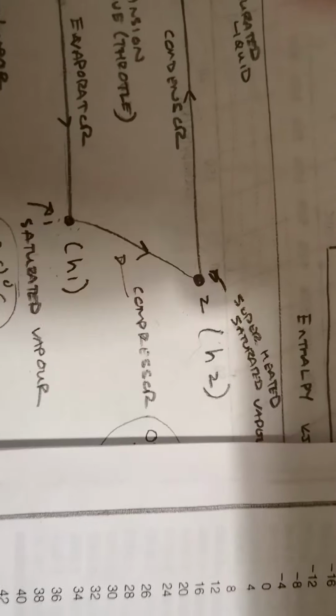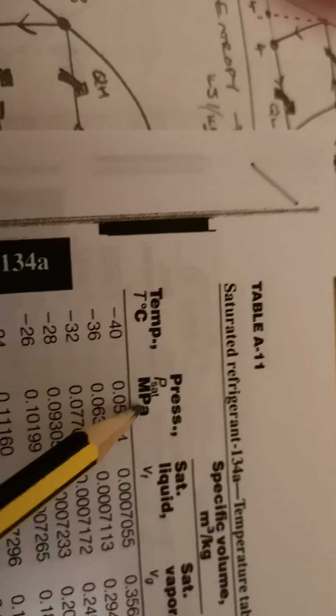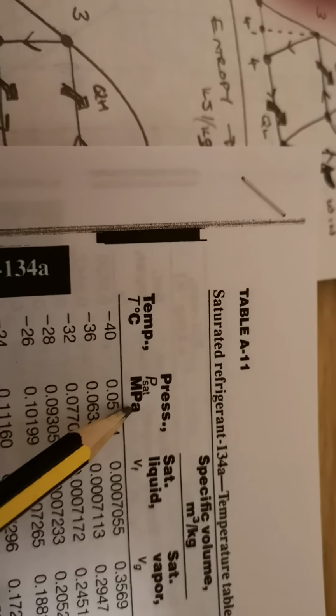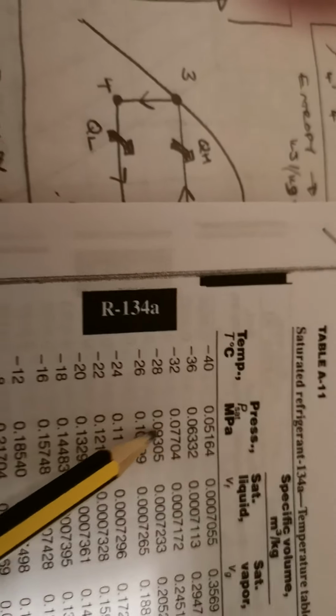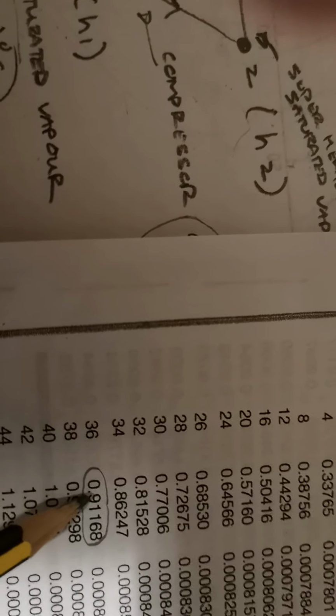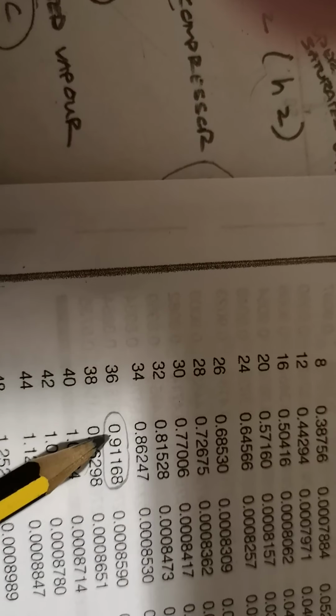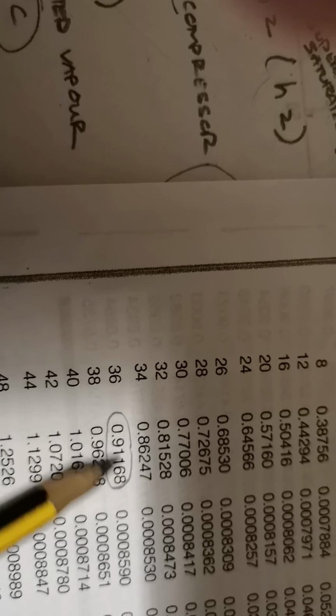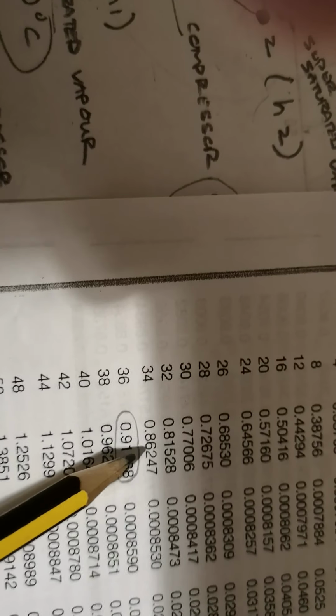What we've got here is 900 kPa. Now, if you look at the pressure column, go to 900 kPa, which is roughly around 0.9 MPa, which is roughly around here, 0.900.